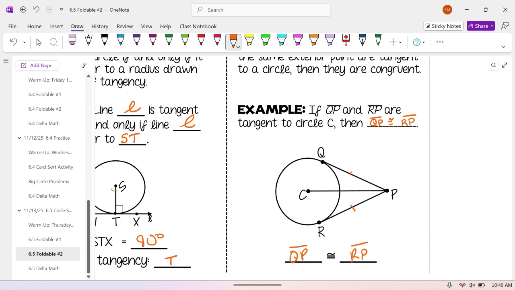They are congruent because they meet at the same exterior point, not the point of tangency. Can that give us two right angles? Yes. If we drew the radii, these would also be right angles. So remember, two congruent triangles there.